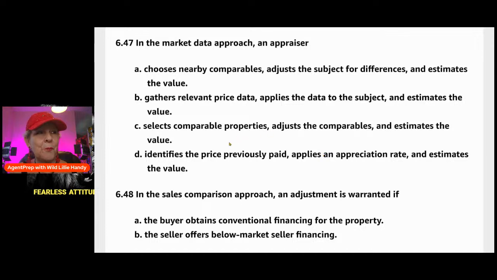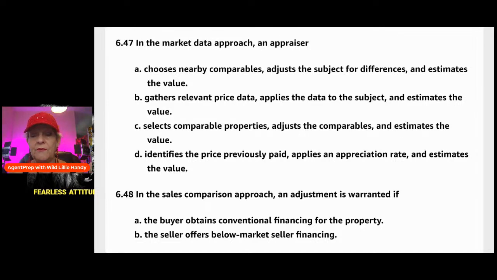Selects comparable properties, adjusts the comparables, right? Not the subject property, and estimates the value. So we had a question last session. I think it was, do you decrease or increase the price of the comparable to come up with something that agrees with the subject property as to what the real market value is?